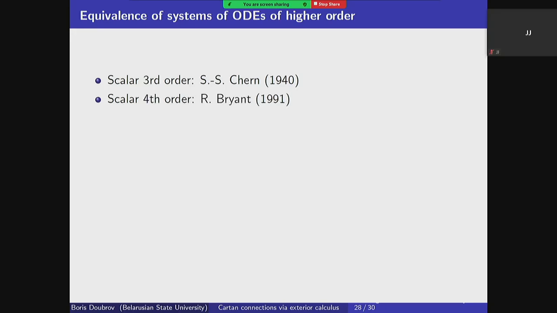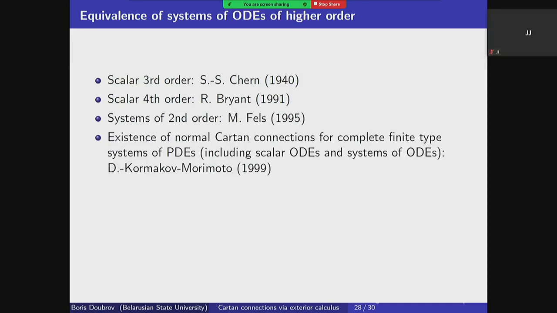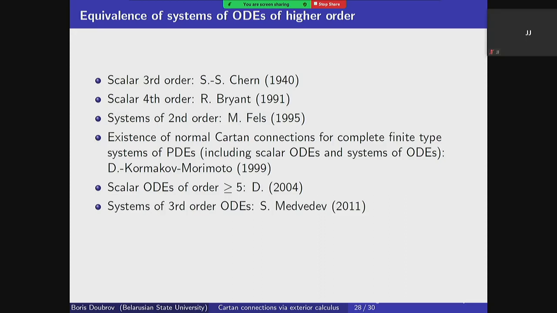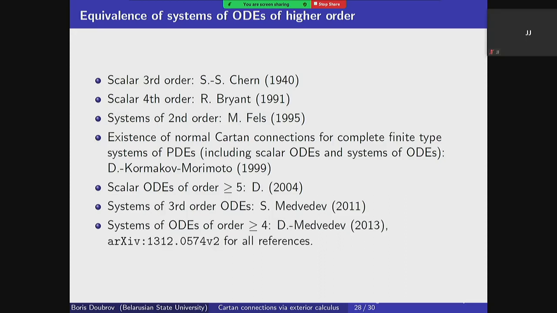Then there was Bryant, who treated first-order ODEs, and then systems of second-order ODEs. So there is really a series of papers where each next person was treating the next class of ODEs. Then there was a general setup done by me with Komrakov and Morimoto. And then scalar ODEs of order 5 I handled myself. Then there was a student of mine with whom we managed to cover all other cases of systems of ODEs.